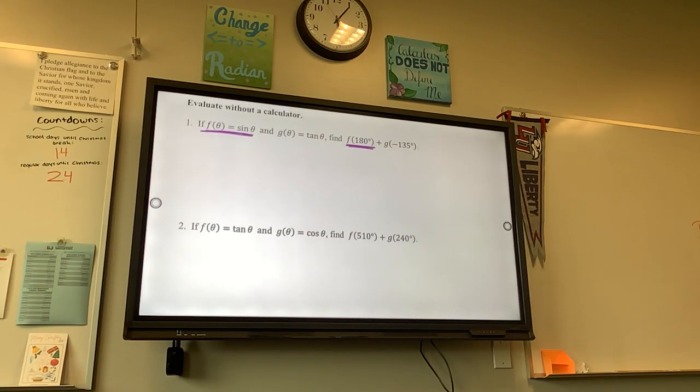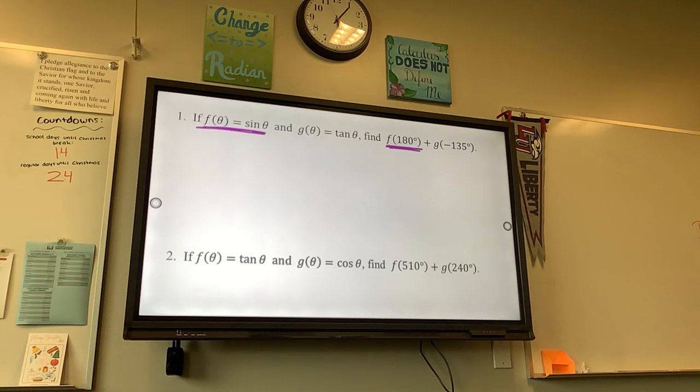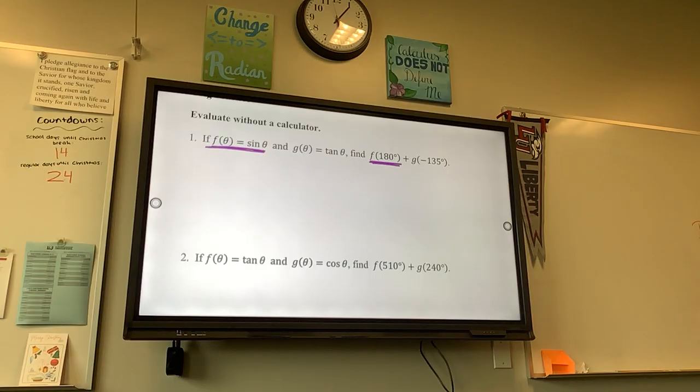If it says f at 180, what do you do? Plug in 180 for what? For theta, and so that is represented as what? Sine of 180. Does everybody understand what that looks like there?